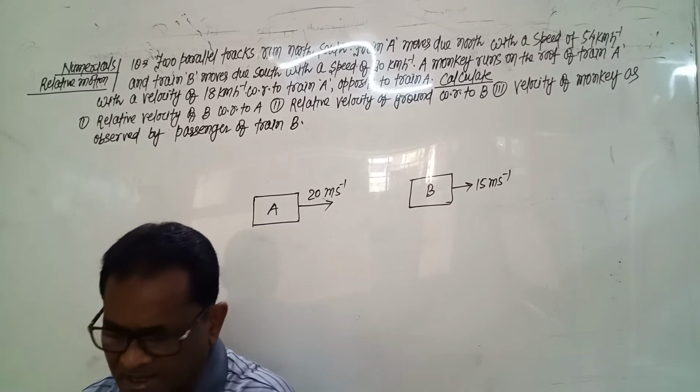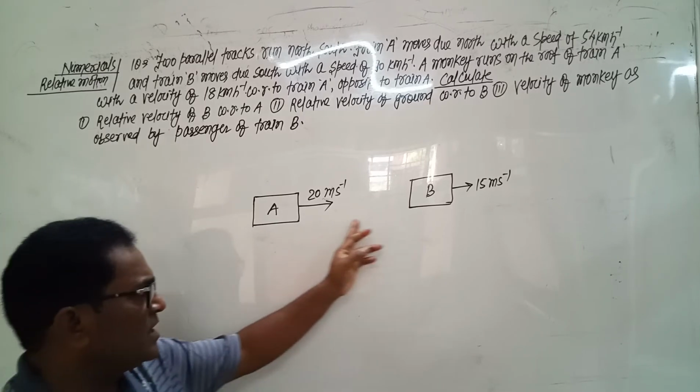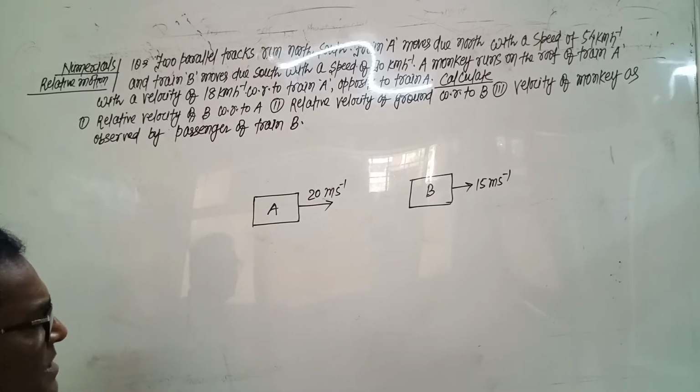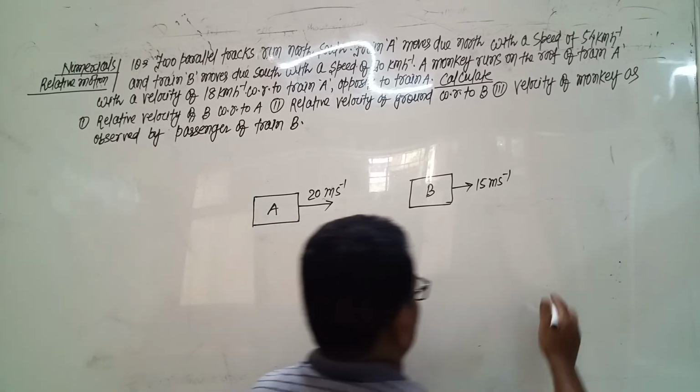There are two cars A and B. Car A is moving with a velocity of 20 meter per second. Car B is moving with a velocity of 15 meter per second.